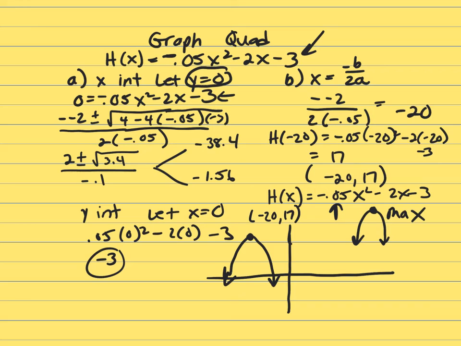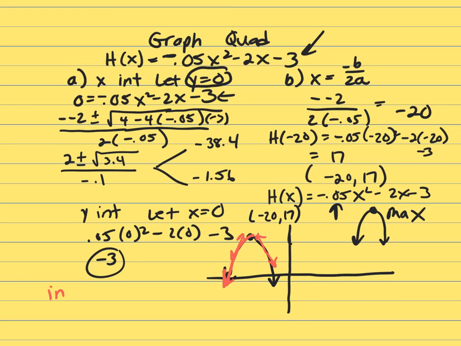Well, to figure out if it's increasing or decreasing, I draw tangent lines. And that tangent line has a slope that's positive. That means it's increasing. Over here, your tangent line is negative. That means it's decreasing. You could also say, if you look at this piece over here, as x increases, your y is increasing, which also means it's increasing.